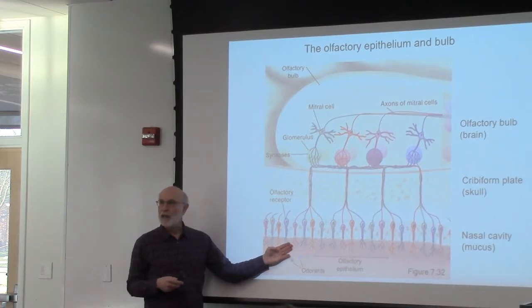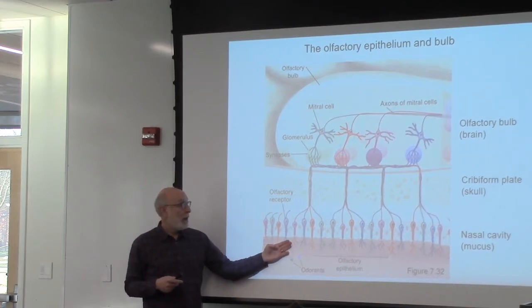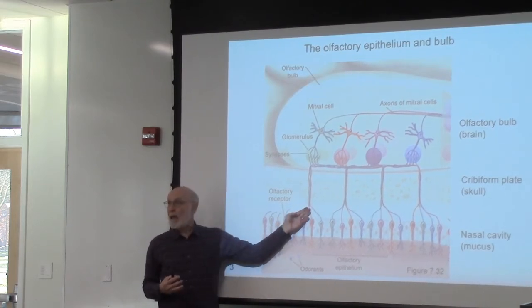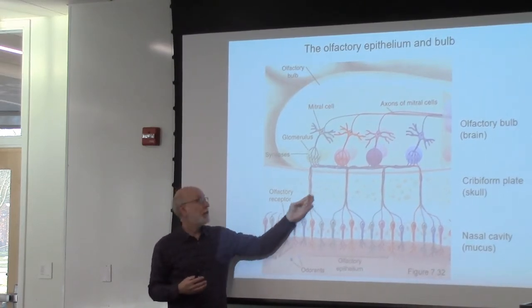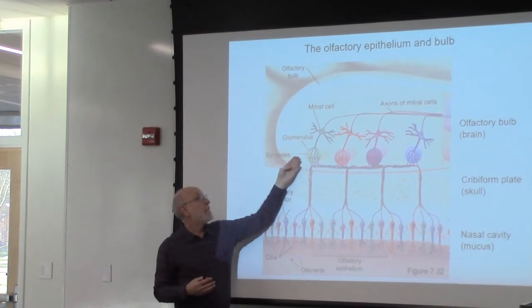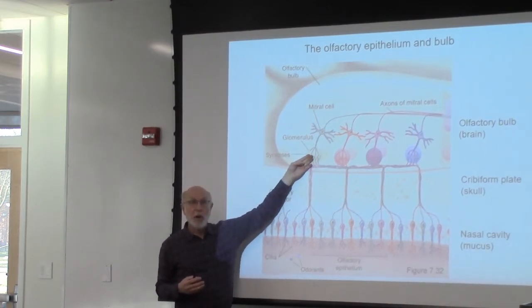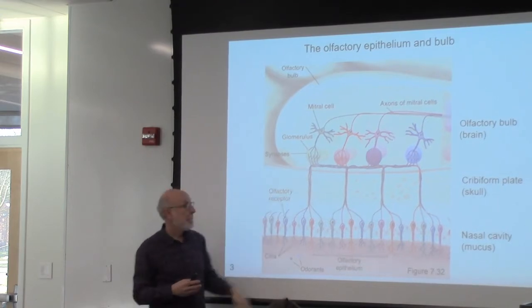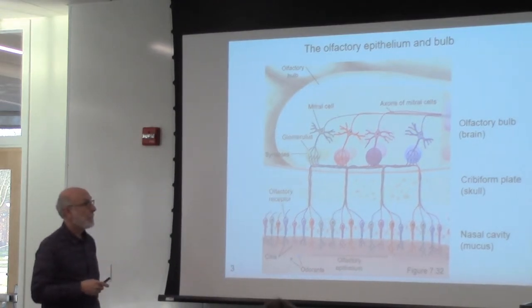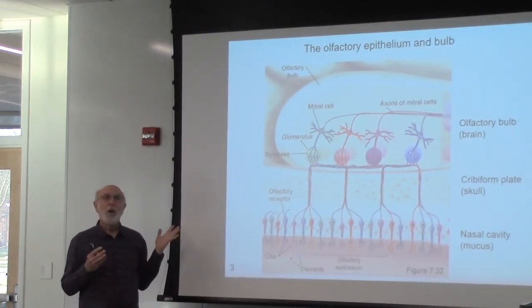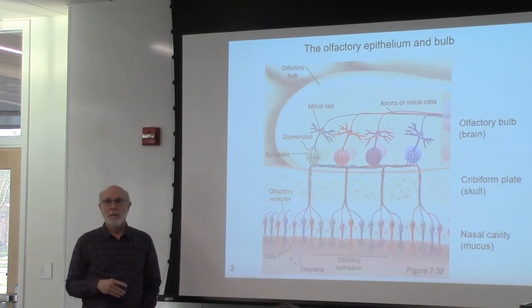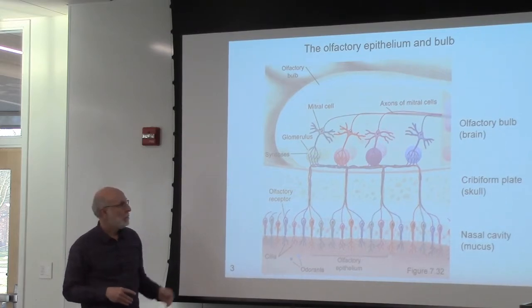We'll talk about how that is transduced into an electrical signal that depolarizes these cells, triggers action potentials in their afferent axons, and makes a synapse in the olfactory bulb, which is on the other side of the cribriform plate. So, quick question. Are olfactory receptor cells short or long receptor cells? They're long. They have axons.